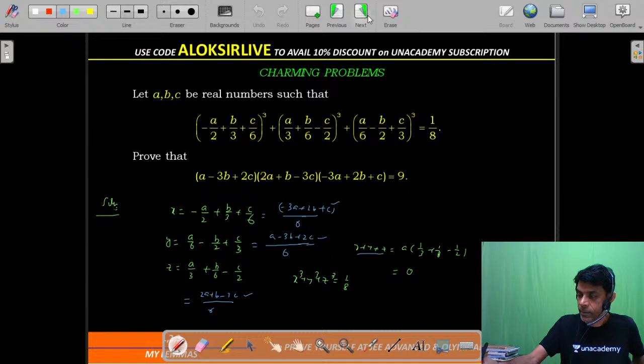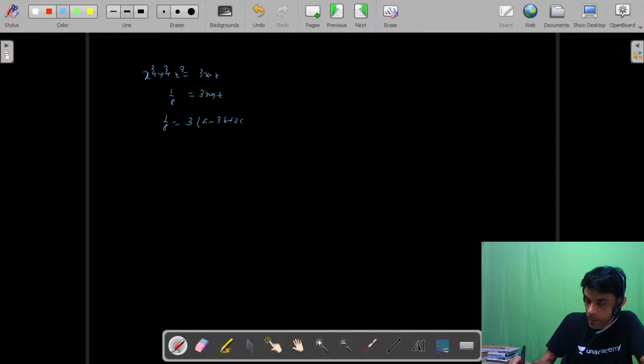So you have got all the product, and then upon 6 cubed. So we can write 3 times a minus 3b plus 2c, then 2a plus b minus 3c, and then minus 3a plus 2b plus c.